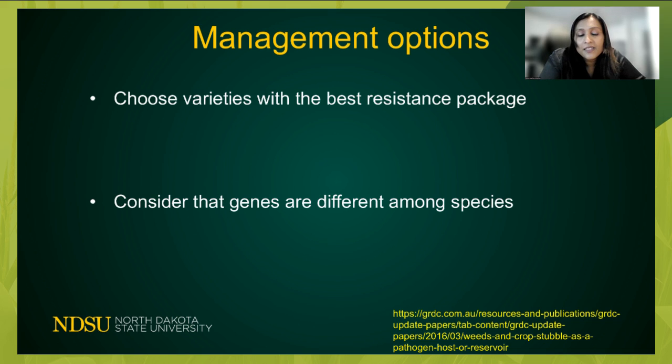Resistance. This has been a big discussion that we are having with the breeding companies. It's very important that we choose varieties with the best resistant package. Typically, the farmers tend to reach out to seed dealers, crop consultants, and the seed companies to see what options are available to them. There are a few varieties out there that may have resistance to these organisms.